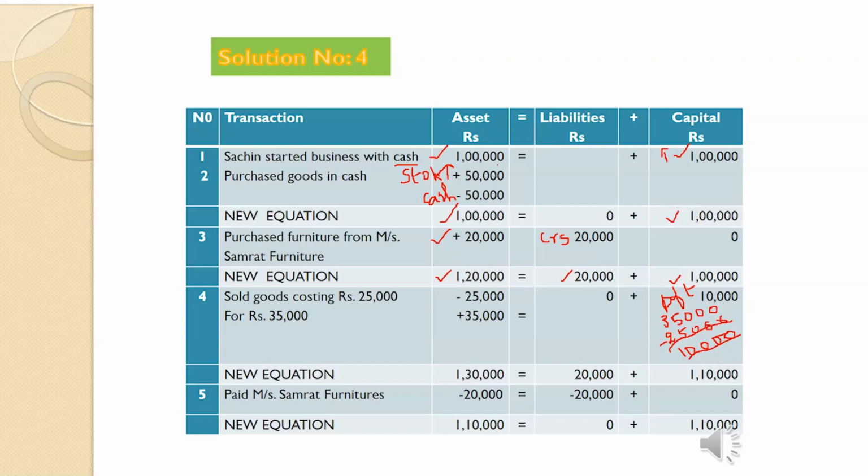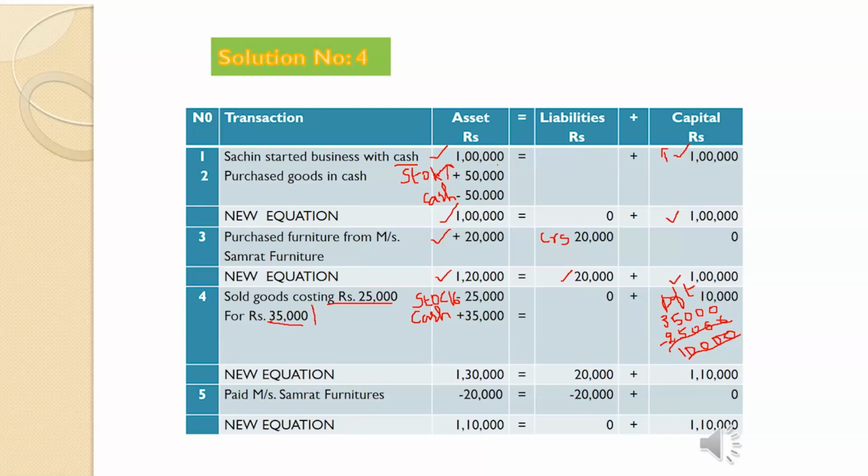So here 25,000 is the stock value decrease, so minus 25,000. Cash increase, so plus 35,000. Stock value is 25,000 but we receive cash of rupees 35,000.